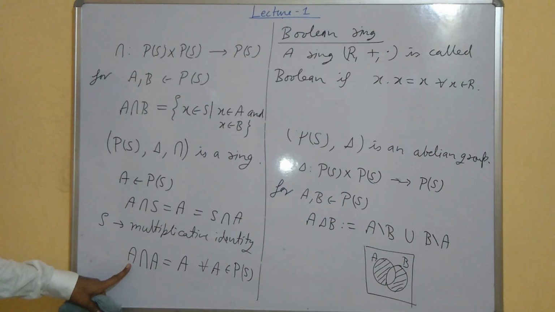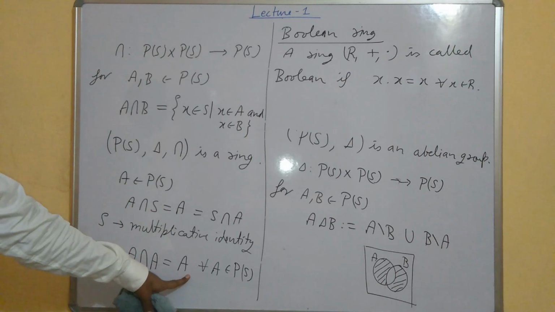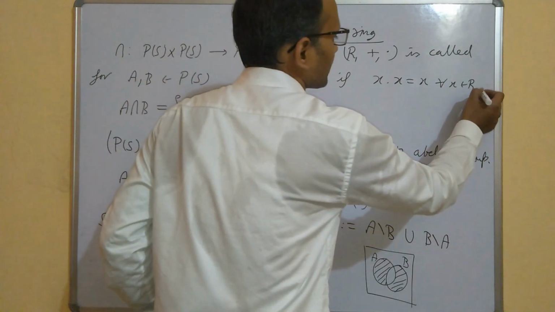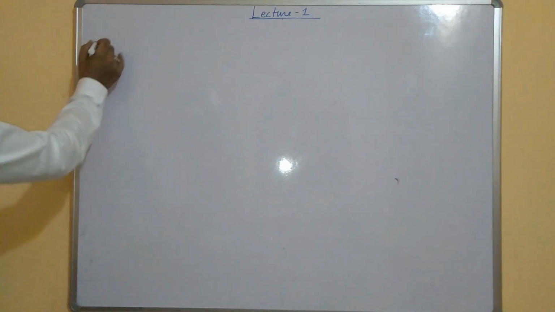A into A, that is A intersection A, is equal to A for all A. So it is a Boolean ring. This is an example of a Boolean ring. Now come to another example.